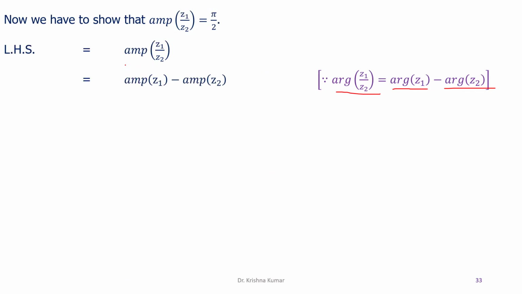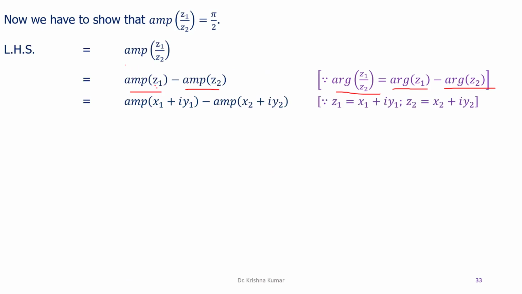So this can be written as amplitude of Z1 minus amplitude of Z2. Let us put the value of Z1, it is x1 plus iy1, and the value of Z2 is x2 plus iy2. So this will become amplitude of x1 plus iy1 minus amplitude of x2 plus iy2.